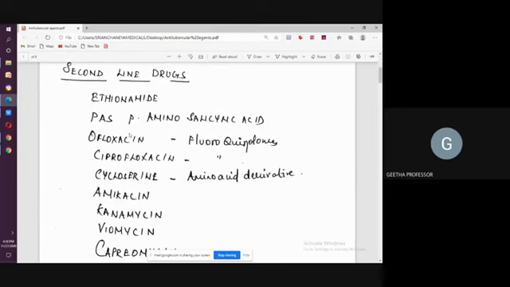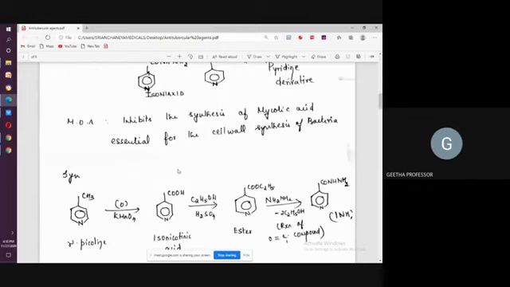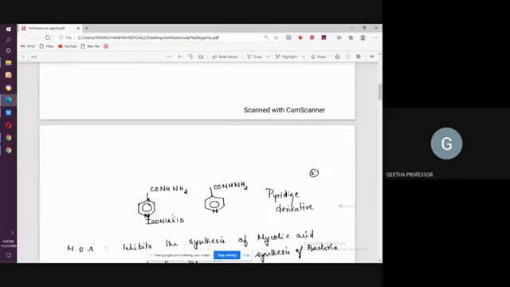Let us concentrate on 6 drugs today. This example is INH. Bacteria have a cell wall, and the main component of the cell wall material is mycolic acid.